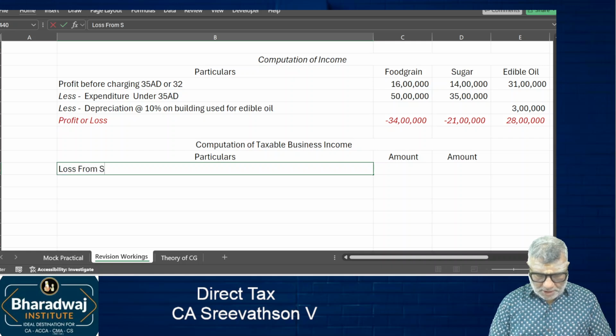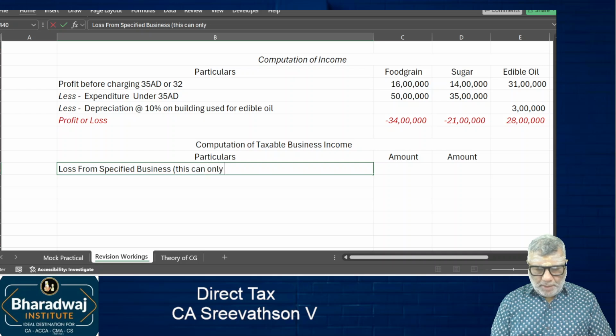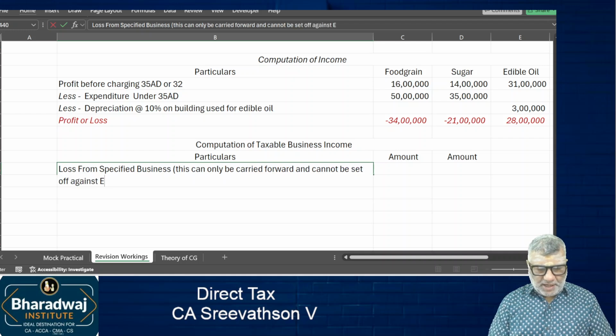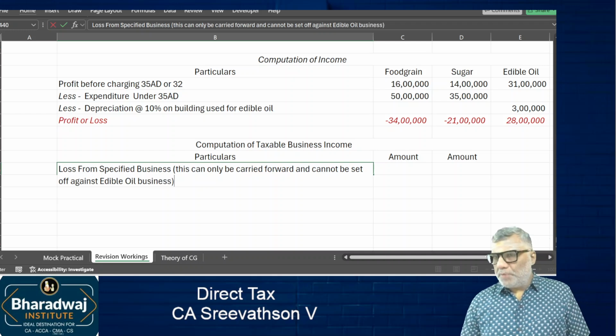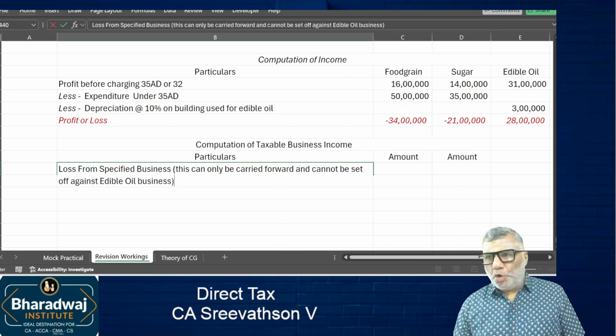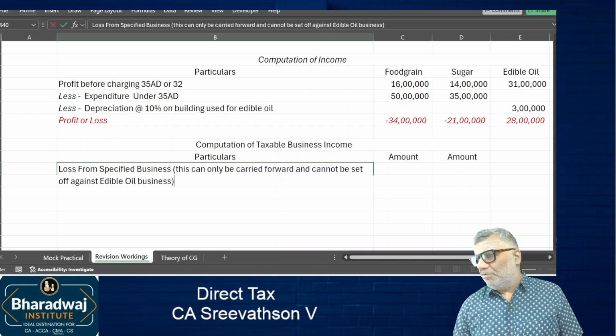Loss from specified business. This can only be carried forward and cannot be set off against edible oil business. Is that right? Okay. Loss from specified business, you don't have an option of setting off.